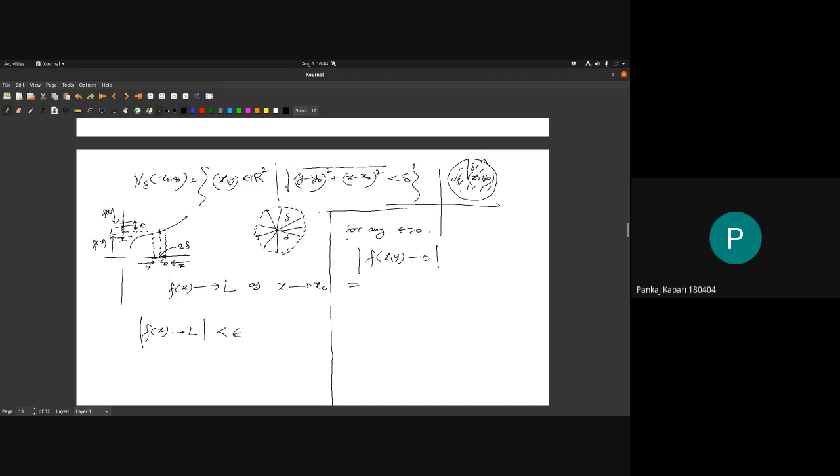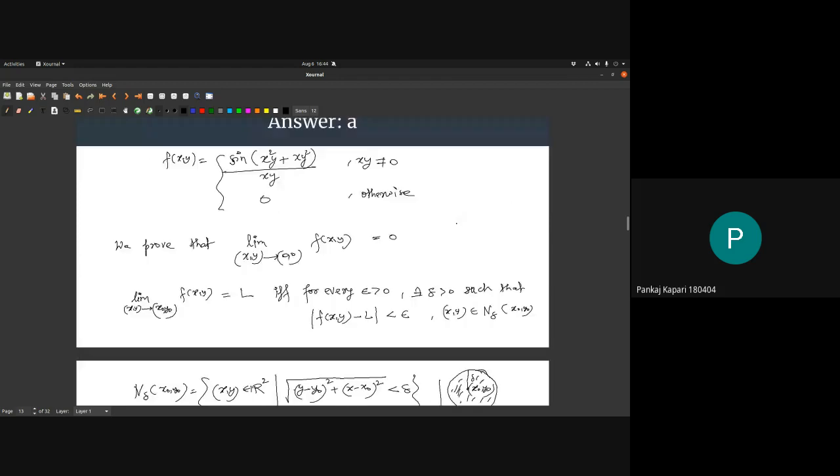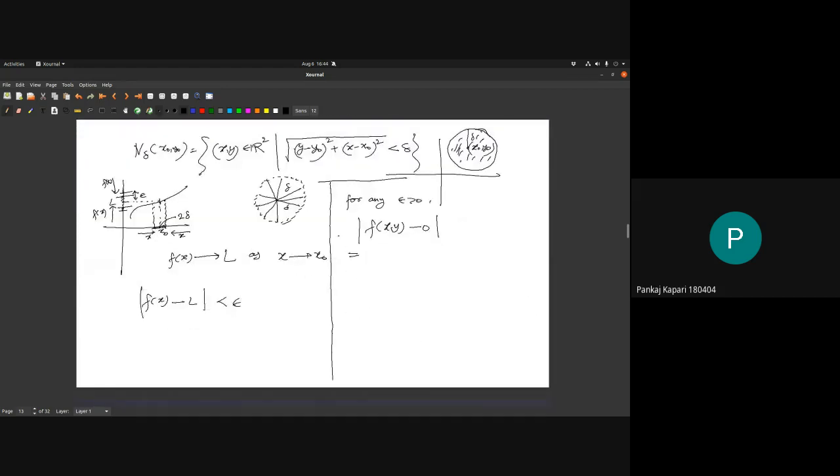Okay, so what is f(x,y)? It's a sine of (x square y plus y x square) divided by xy, and we want to approximate this.